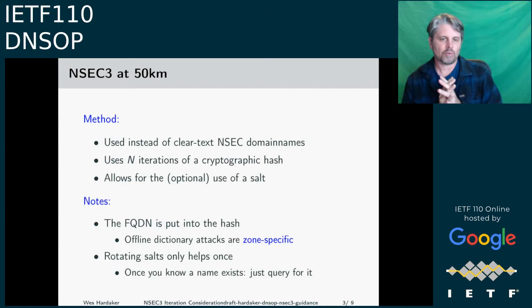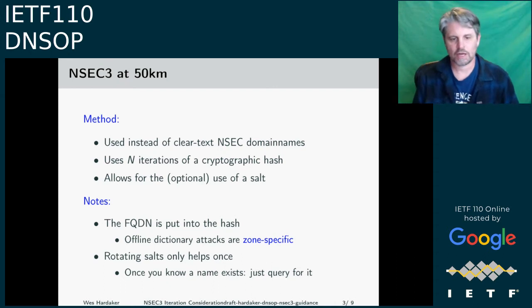And it does this by, instead of using clear text names in NSEC records, where there's a start and an end domain name, the NSEC3 record hashes that using n iterations of a cryptographic hash, where n is defined by the zone owner. And it allows the use of an optional salt as well in order to make offline dictionary attacks harder.